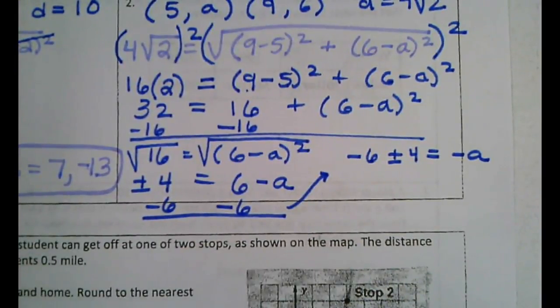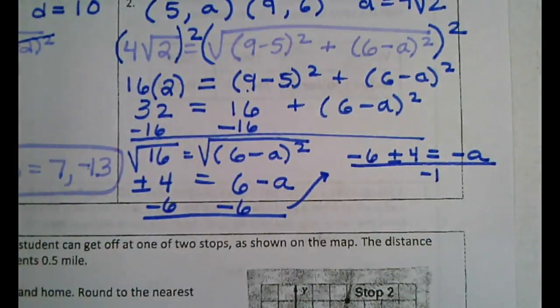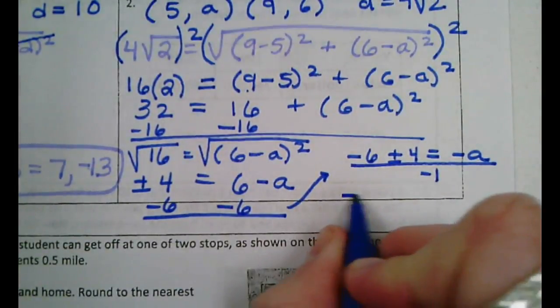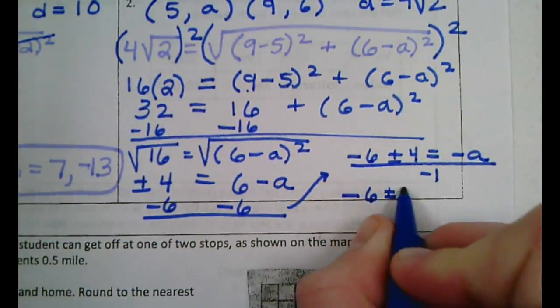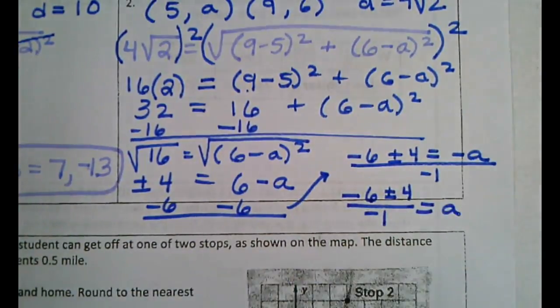And my last step to get a by itself is divide by negative 1. So I have negative 6 plus or minus 4 divided by negative 1 is equal to my value of a.